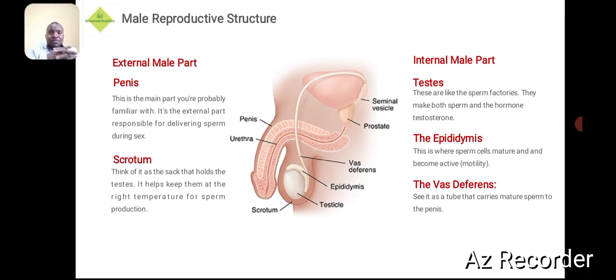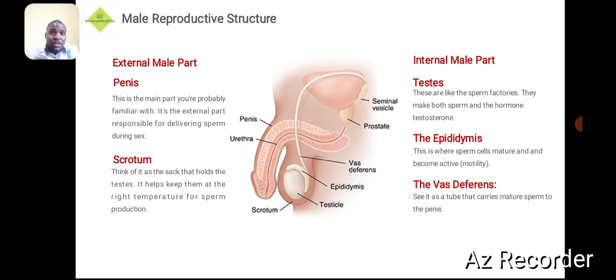Looking at the internal structure, we have three major internal structures. We have the testis, we have the epididymis, and we also have the vas deferens. Now, the testes are the two ball-like structures housed in the scrotum, and the testis has two major functions.